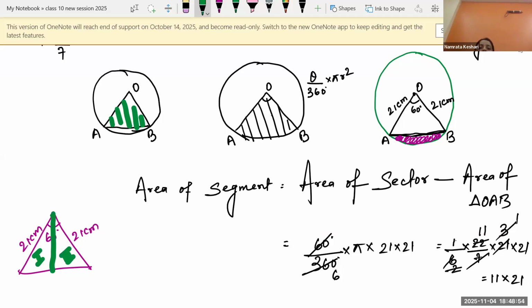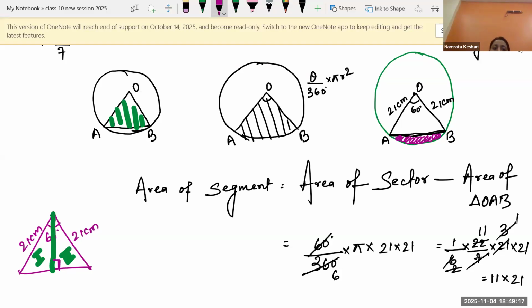Why? Initially it was an isosceles triangle, so here 21, here 21, already you are having, and there is a common side in between. You have just dropped a 90 degree perpendicular. Why are you dropping the perpendicular? So that you can find the area, 1 by 2 into base into height.